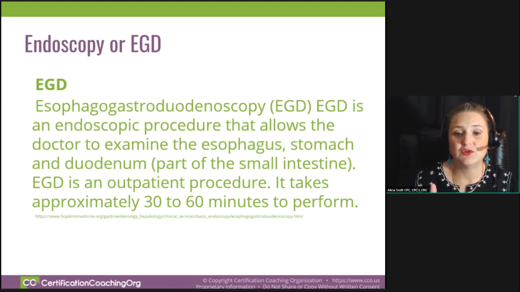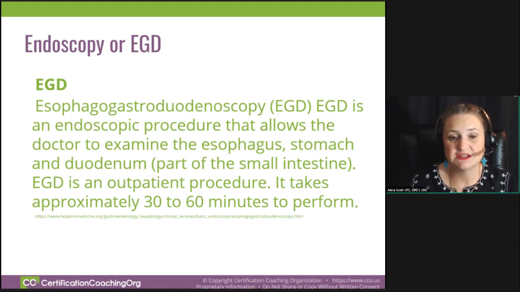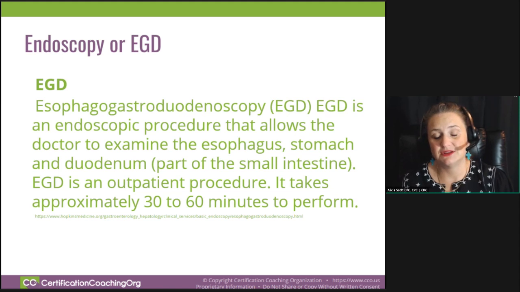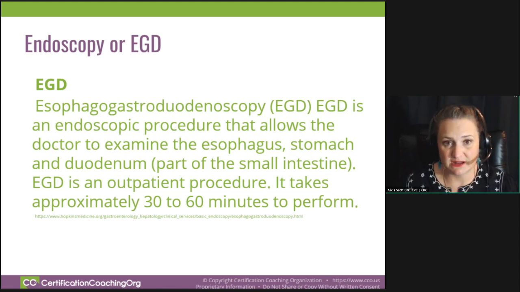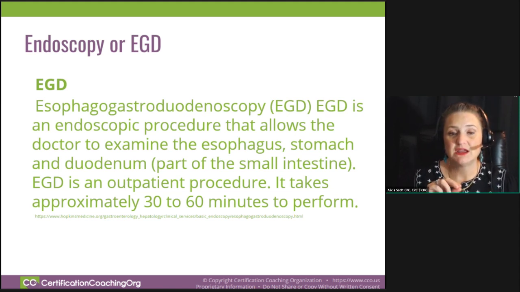If we break that word down, esopha is your esophagus, gastro is the stomach, and duodenum is the duodenum. That's the opening at the small intestine, from the small intestine to the stomach, that division there.